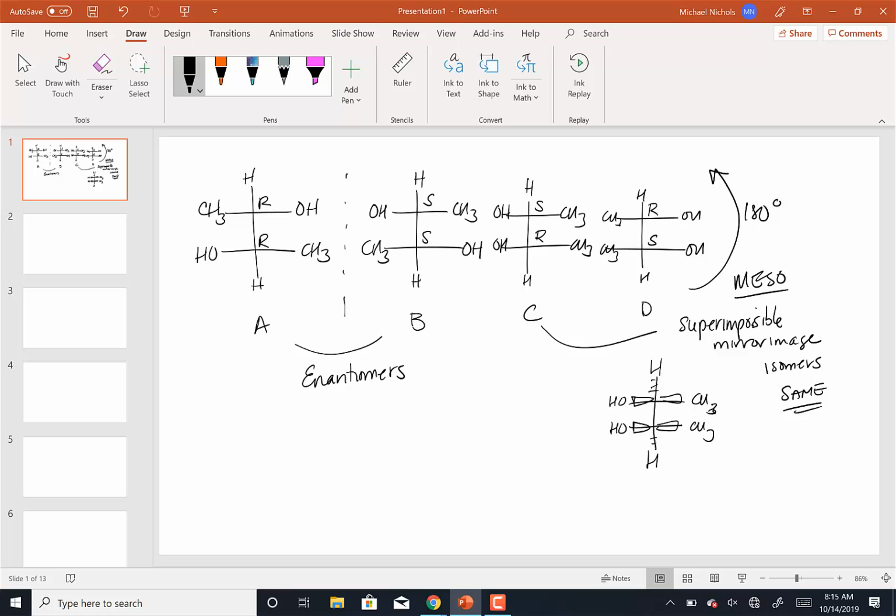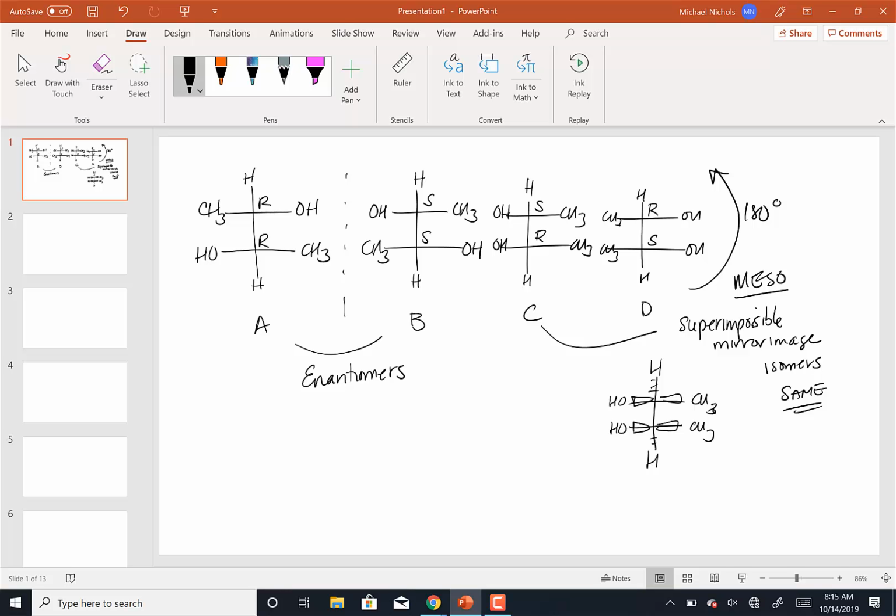So there's no way to superimpose A and B. And there's no way to superimpose B and C, or A and C. But C and D are superimposable. So that's the definition of meso, and one of the characteristics of meso compounds is they must have chiral centers.